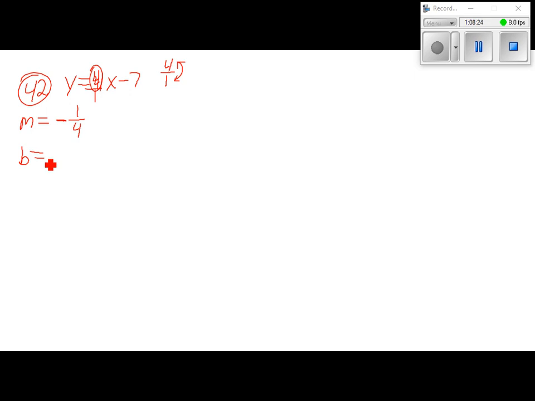And now we need to find b. We're going to do the same thing. They give us a point that it goes through, which is -1, 3. Ignore that. This is x, that's y. So we plug in 3 equals our slope, which is -1/4 times -1 plus b.